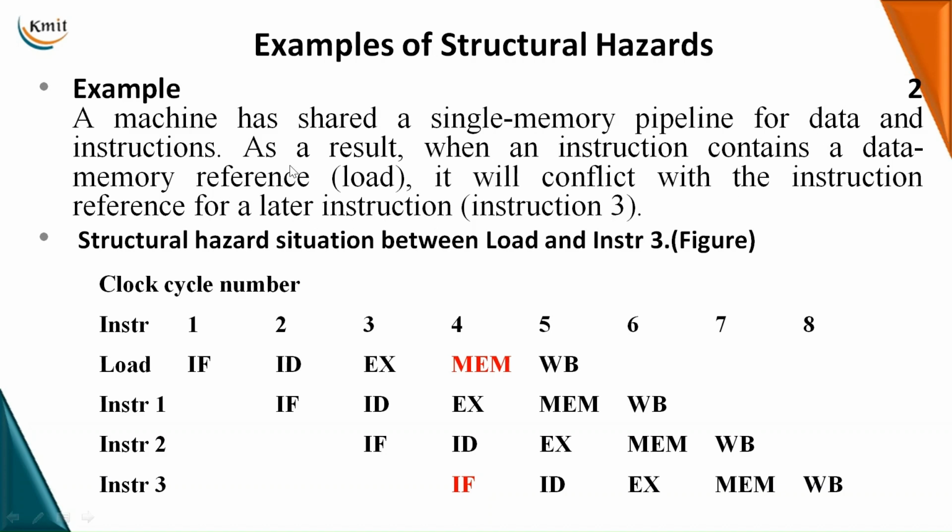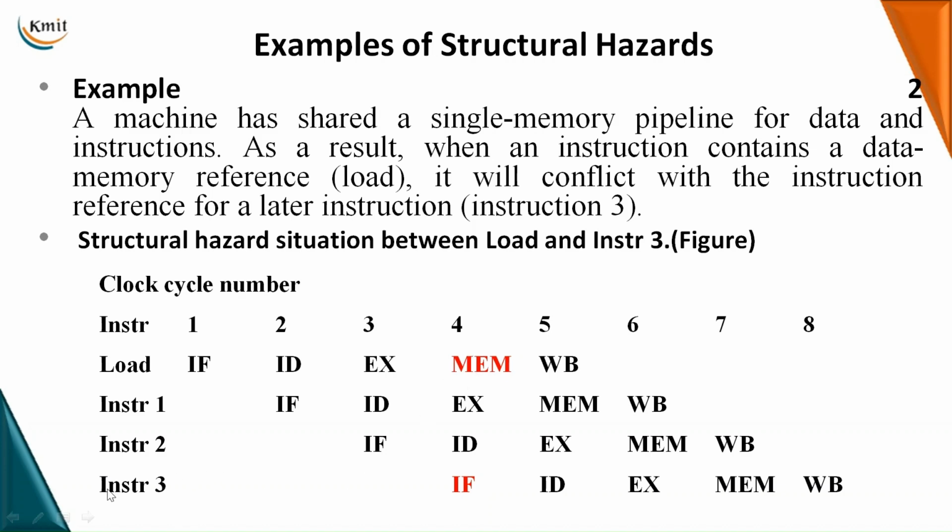We have a load instruction which is accessing the memory in order to load the particular data, and we have one more instruction, I3. The load instruction is going to perform memory access in the fourth clock cycle in order to load the data into the corresponding registers.